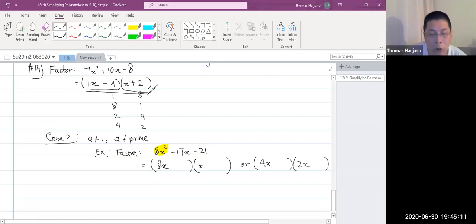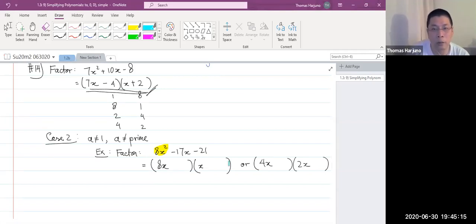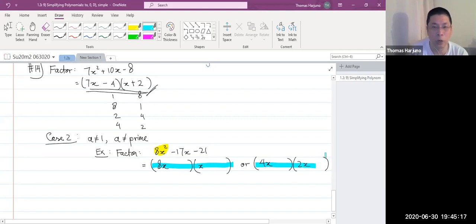Once the leading coefficient is not prime, there is more than one pair to make that 8x squared. So I will write both of them first for now. Now I look at the sign here. Oh, it's negative. So let me put plus minus temporarily. It must be different, right? Plus minus here, and then plus minus here.